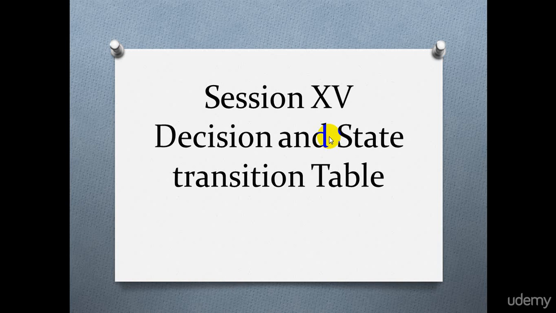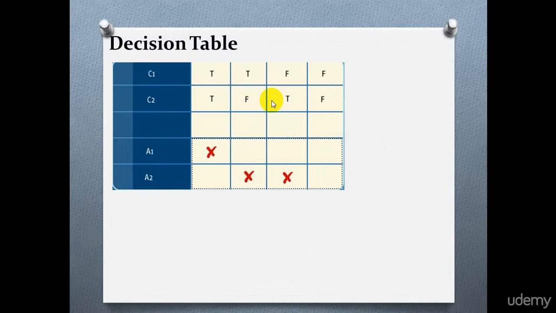In this session, we are learning about decision and state transition table. Decision table. In software testing, decision tables are used to create test cases for software that has very complex logic, where different conditions produce different outputs.